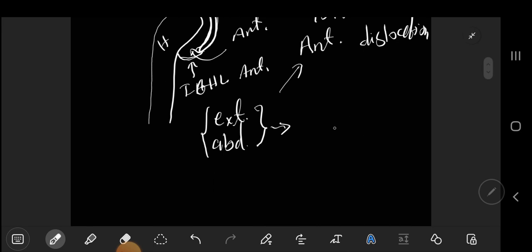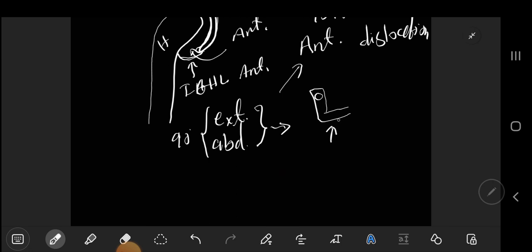And where do you see this position? For example, if someone throws a ball, he can do this position of his hand, and this is exactly 90 degrees of external rotation and 90 degrees of abduction.